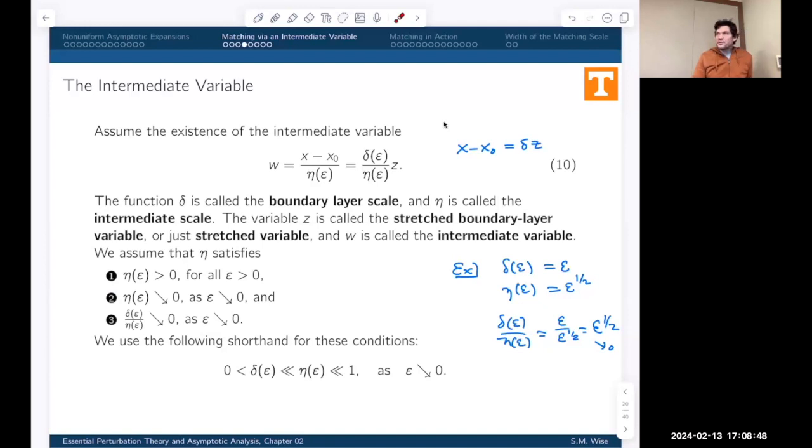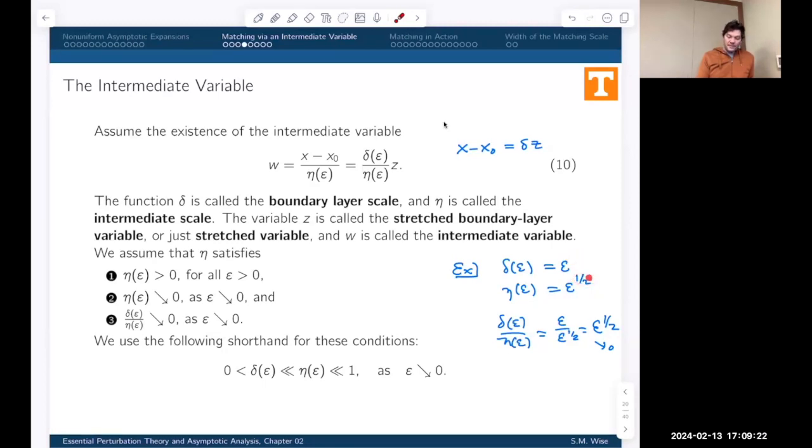Okay, so we've shown by example that you can satisfy these. We're going to use the following shorthand to denote this. Delta is positive. It's small, so that means it's really smaller than 1, a lot smaller than 1. That's what this notation means. Eta is also much smaller than 1, but eta is bigger than delta of epsilon. When I say this dominates, I meant it dominates in its power, its exponent with respect to epsilon. 1 is bigger than 1/2.